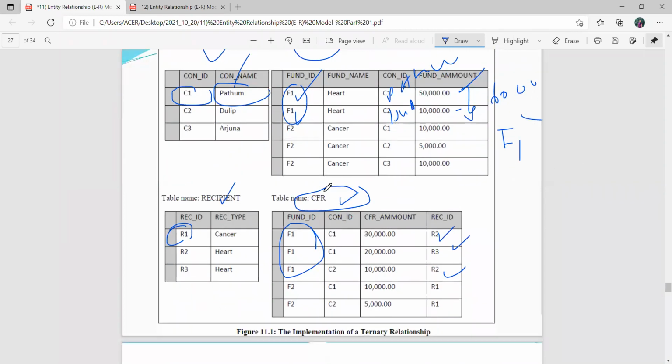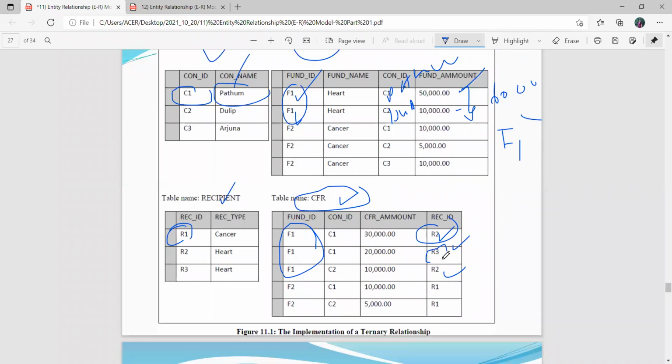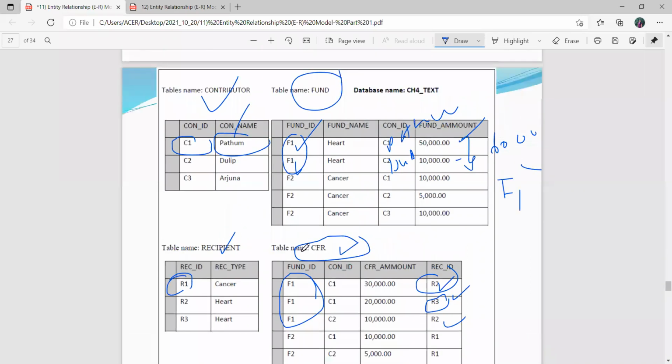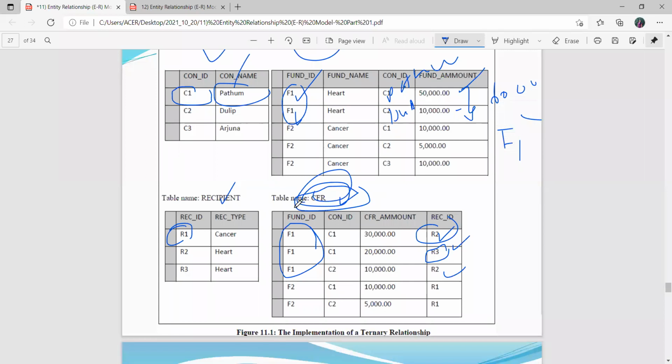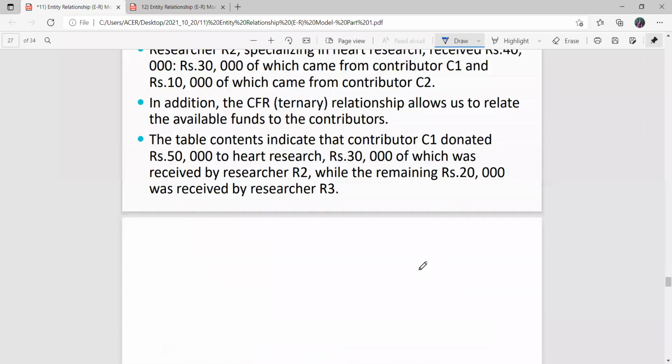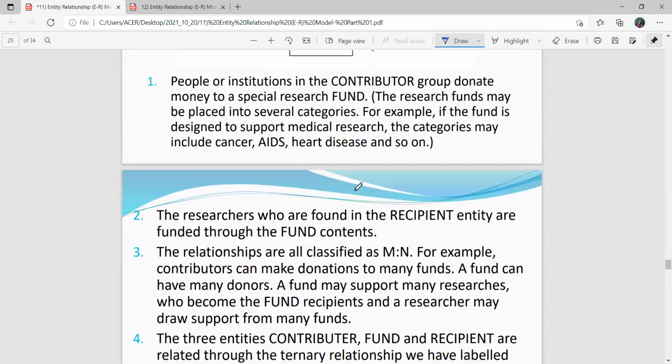This F1 fund is going to be used by the R2 researcher and the R3 researcher for their research work. You can see this is the relationship CFR, with fund ID, the contributor, the researcher and the contribute attribute. So this is the database for this ER diagram.